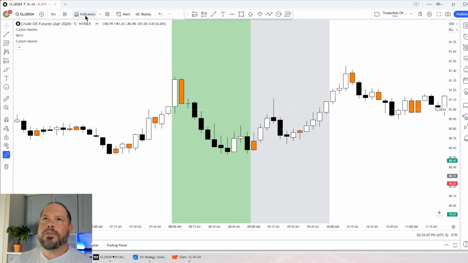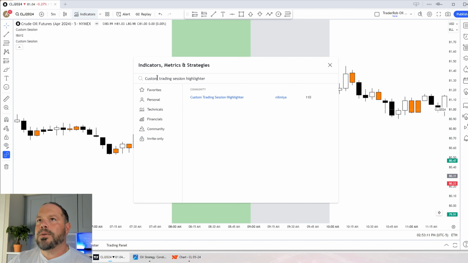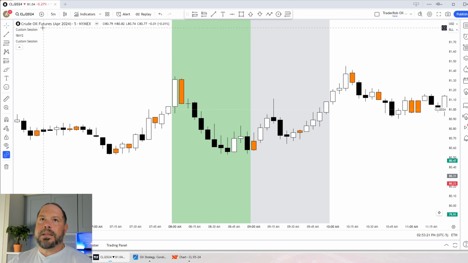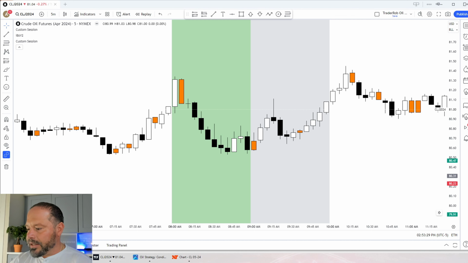For the first one, if you go to indicators, you put in Custom Trading Session Highlighter. You'll see that it's this indicator right here. Add 2 of them to your chart. One of them is going to be from 8 a.m. to 9 a.m. and the second one is going to be from 9 a.m. to 10 a.m. The second indicator that I really like on TradingView is my inside bar indicator.